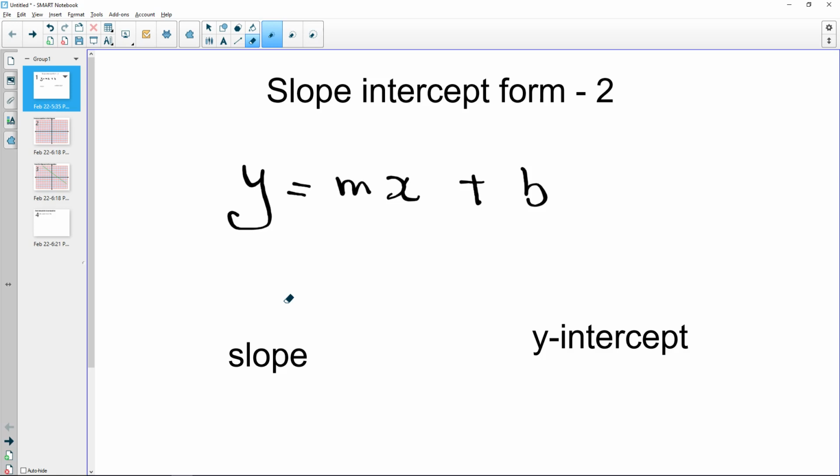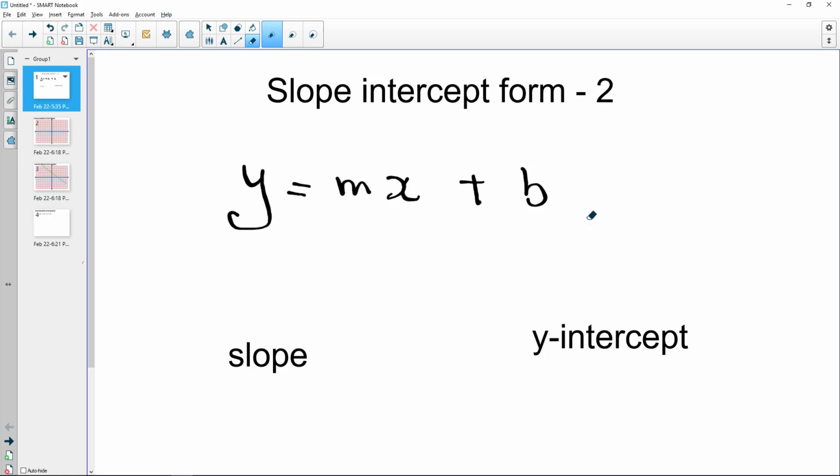It's going to be a little bit more difficult, but hopefully I'm going to cover why this form, slope-intercept form, is so useful in math anyway. Just a reminder, y is equal to mx plus b is your slope-intercept form.